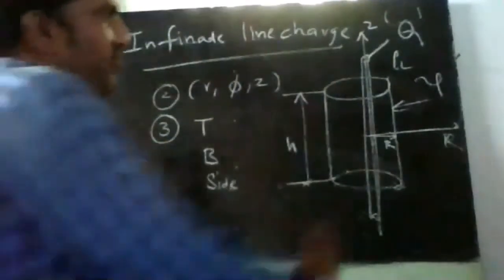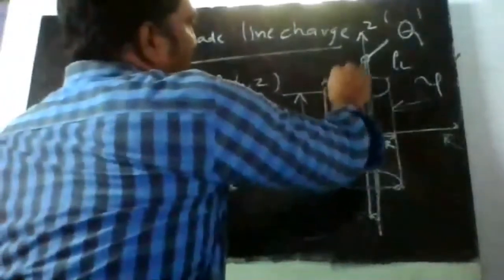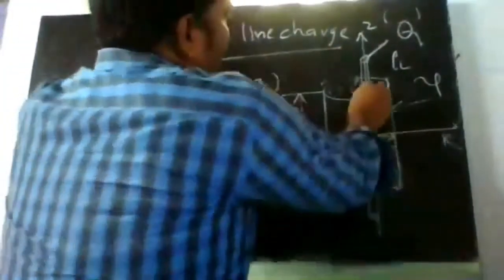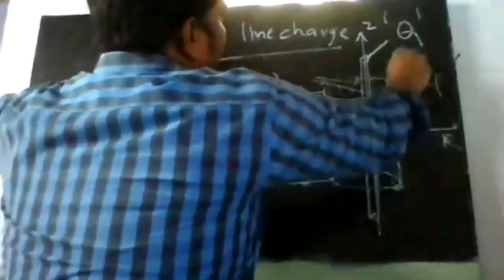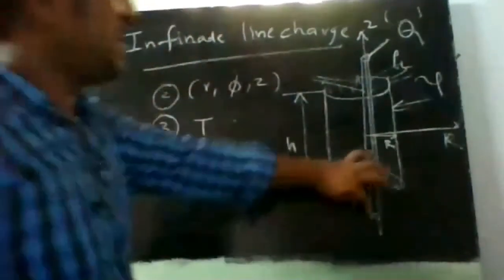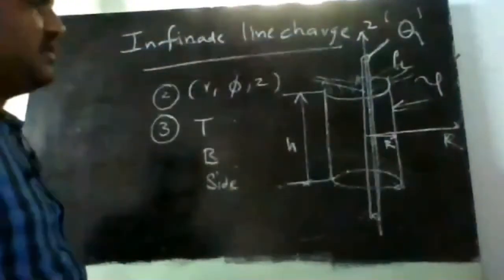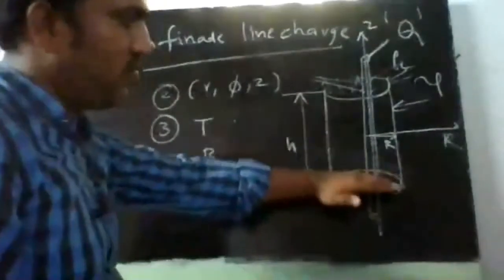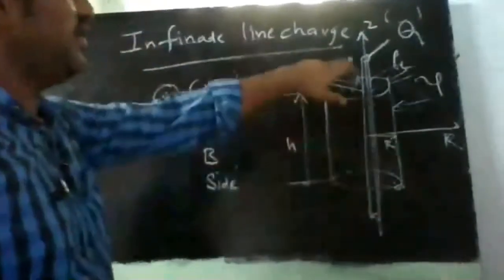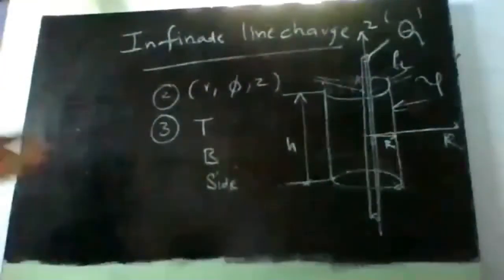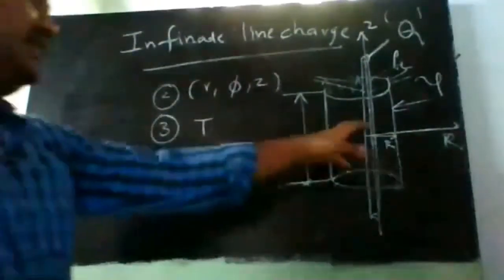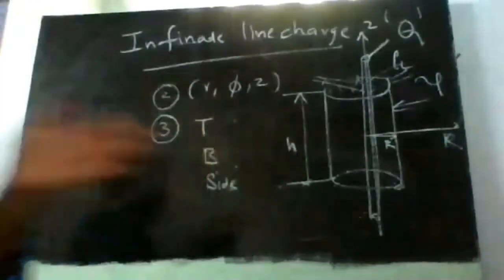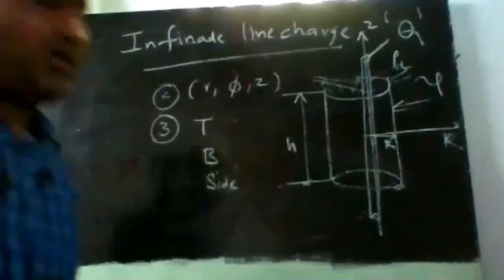So there will be no flux coming out from the ends. Even if it comes, it would be coming in this side or this side, because the line charge is of infinite length. There is no opening here or there. Whatever field is coming out of the charge will only come from the side. Okay, I hope I'm clear, right?